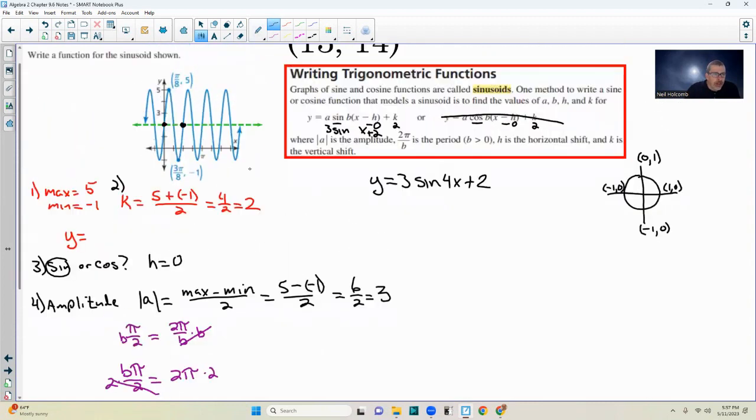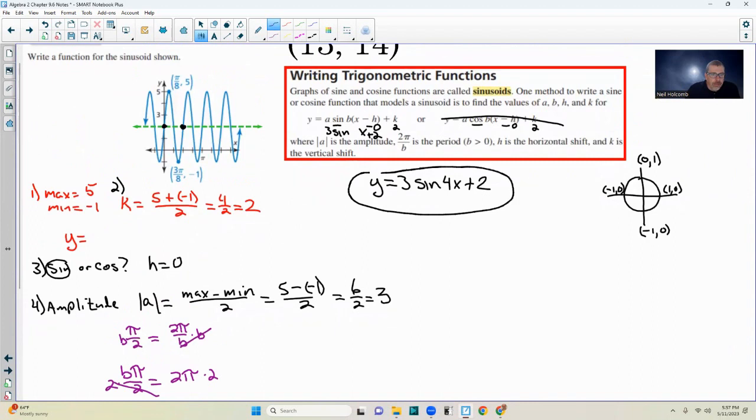Okay, so here is our answer right here. y equals 3 sine 4x plus 2. That is the graph of this function. By doing the max and min, finding k, which is our constant at the end, determining where the midline is, determining if it's a sine or cosine based on our y-intercept.